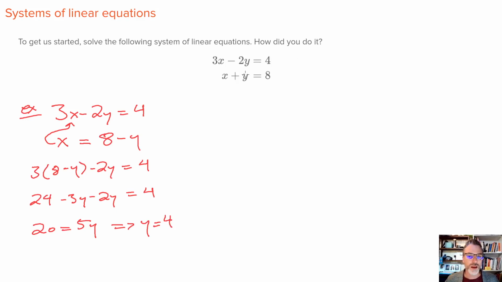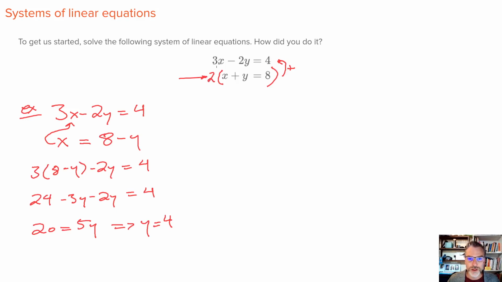Another way is to just treat the entire equations as things we can operate on. So for example, I might want to add twice this row, so I can multiply this entire row by 2, and then add it to the first one. So I'm going to multiply this whole thing by 2, and then add it to this one. You see what I get?